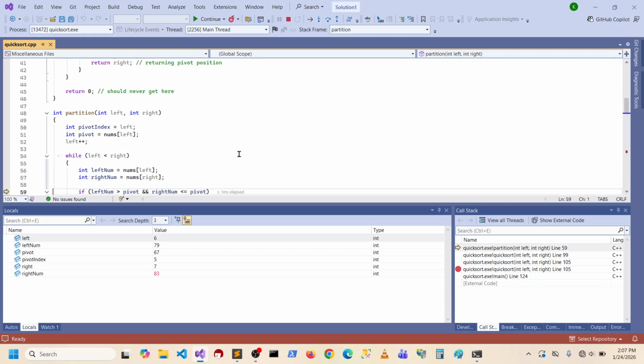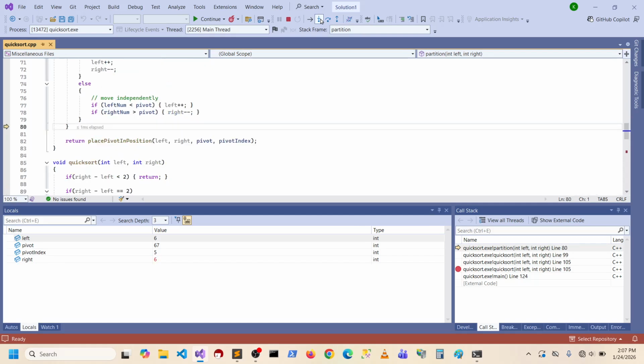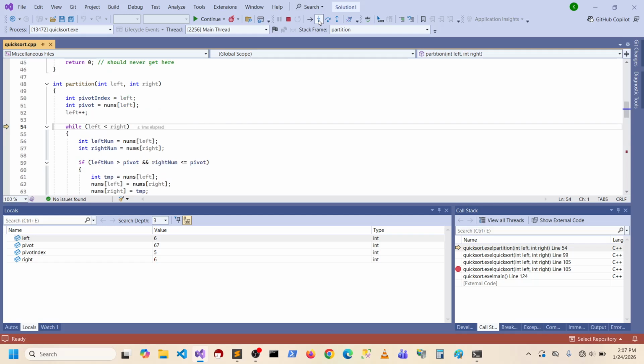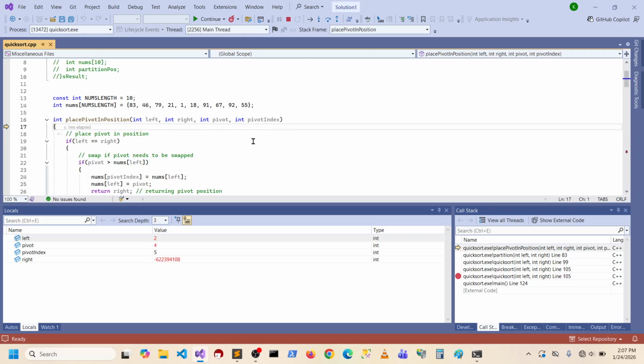79, 83. So the 79 needs to go over to the right. So that means the right is going to decrement there to 6. Now they're even. Place pivot.